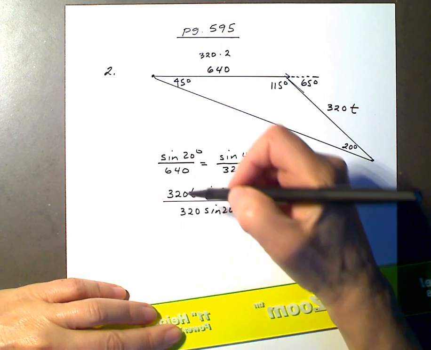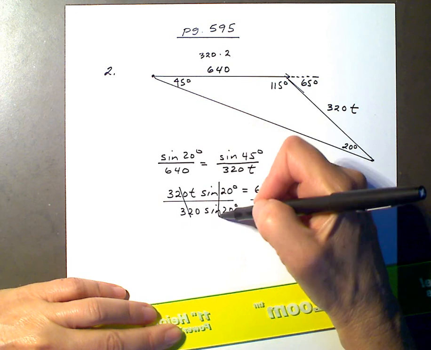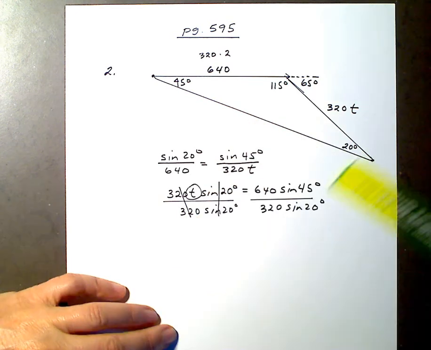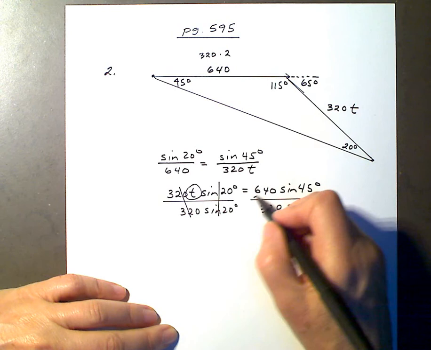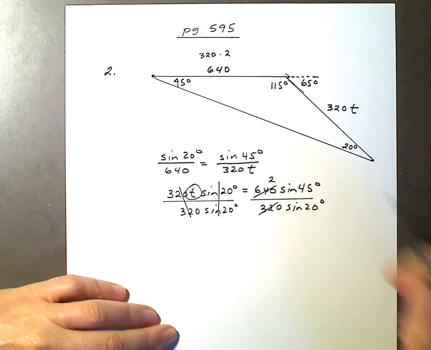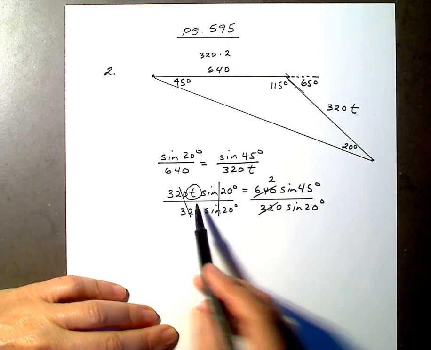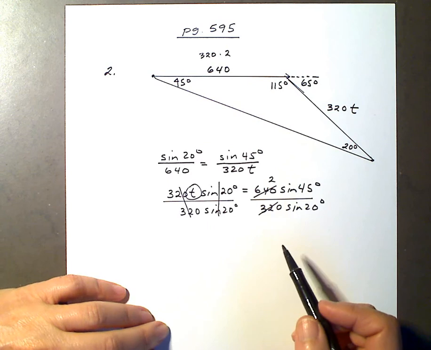Okay, so I have now isolated the t on the left, and I can simplify this a little bit. This is a 2 over 1. So t will be equal to 2 times the sine of 45 divided by the sine of 20 degrees.